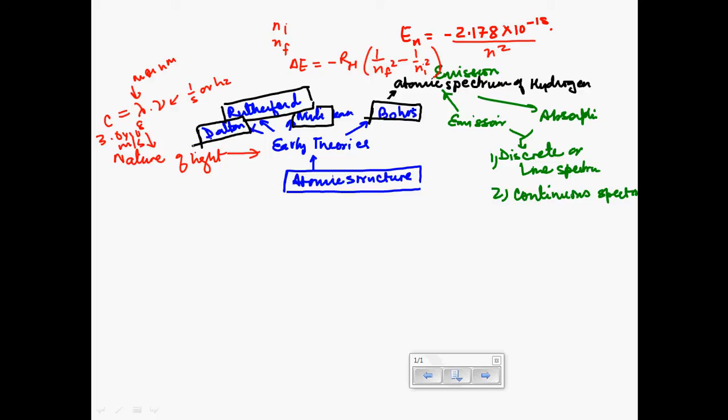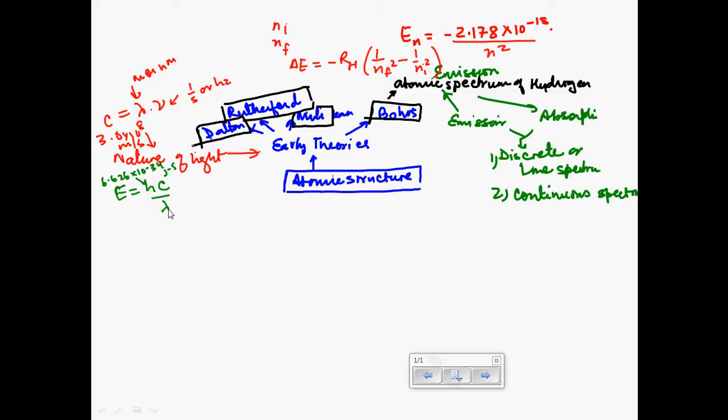There is another formula here, E is equal to hc over lambda. Here you can calculate energy of a photon, which is a quantum of light, by using hc over lambda, where h is Planck's constant, 6.626 times 10 power negative 34 joules second. c is 3 times 10 power 8 meters per second.